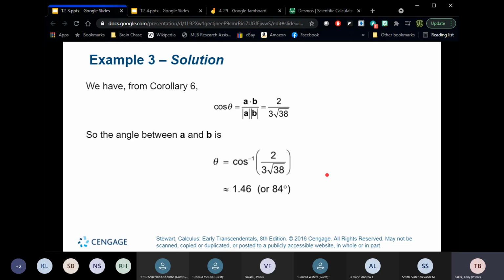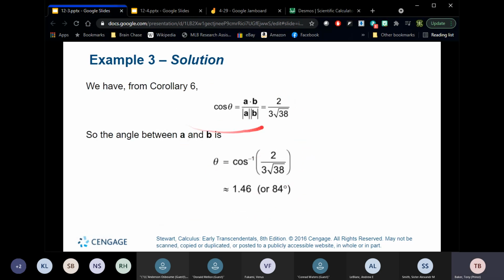And that's just a quick switch of the calculator, turning it from radians to degrees, depending on which value the teacher wants. I believe the test actually tells you which one it wants, if it wants it in radians or degrees.